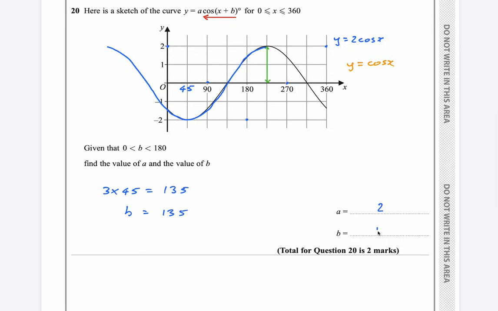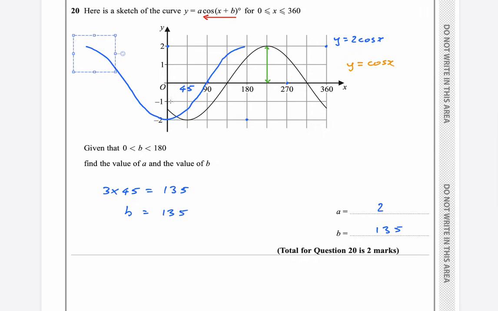So this b is 135, and this is why a is equal to positive 2, because if a was negative 2, that means we're starting here. This is actually negative 2 cos x. It's flipped. Instead of starting there and going down, we start at the bottom and go up.